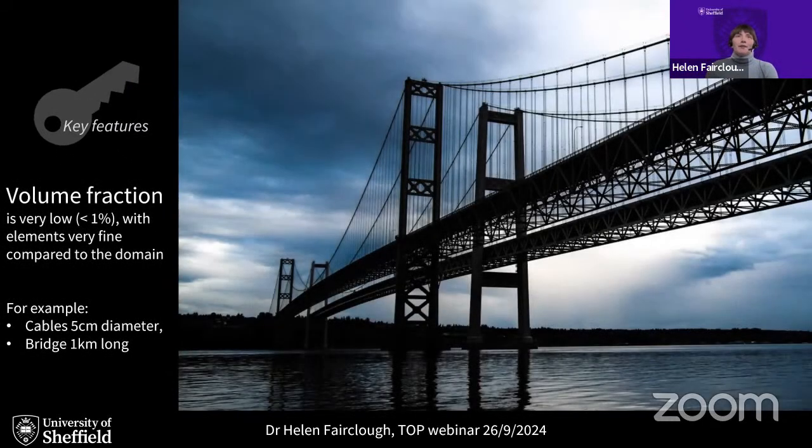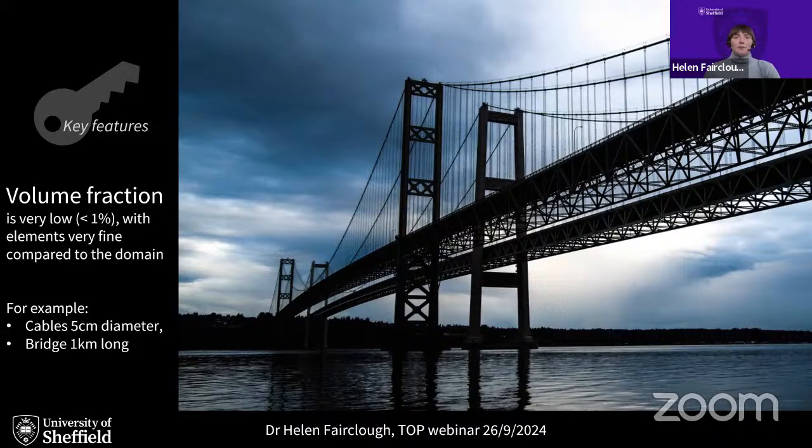The first being that if you look at buildings, bridges, etc., the actual elements are very small compared to the total space that it makes up. So for example, in a suspension bridge or a cable stayed bridge, you're going to have cables. They're going to have a diameter that's something around the order of maybe 5 centimeters for those vertical cables here. And the bridge itself might be 1 kilometer, even 2 kilometers long.